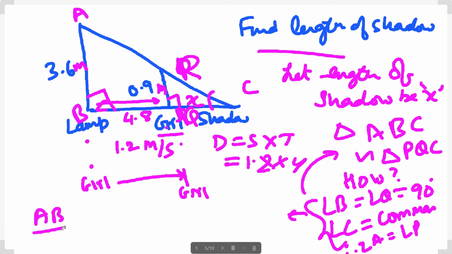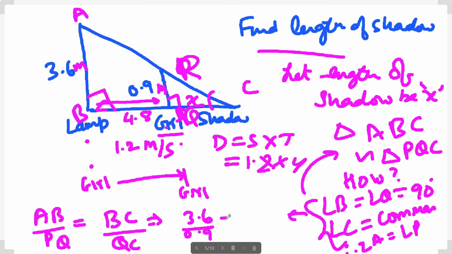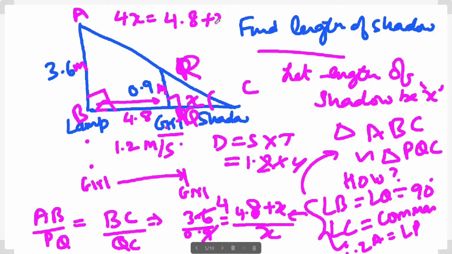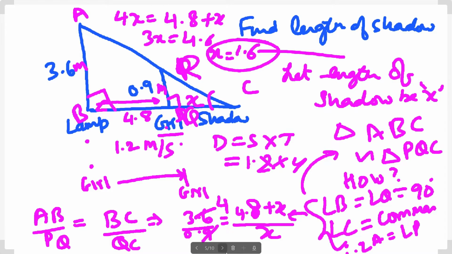AB by PQ, we take the ratio of sides, is equal to BC by QC, which is 3.6 divided by 0.9 equal to... this is the length of the shadow.